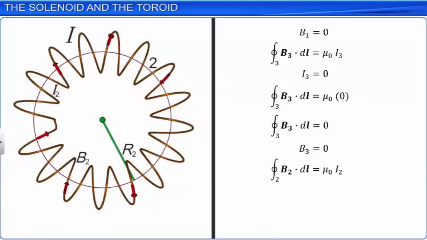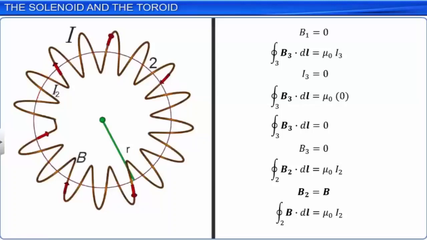For simplicity, let us assume the radius of the Amperian loop 2 as R and the magnetic induction B2 as B. Thus, the equation for the integral over the closed loop 2 is modified to the integral of B dot dl is equal to mu naught I2. In the core of the toroid, the length dl of the infinitesimal segment of the Amperian loop is in the direction of the magnetic field. Hence, the angle between them is 0.